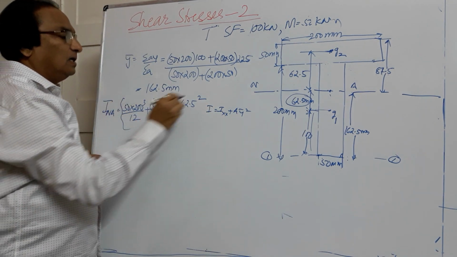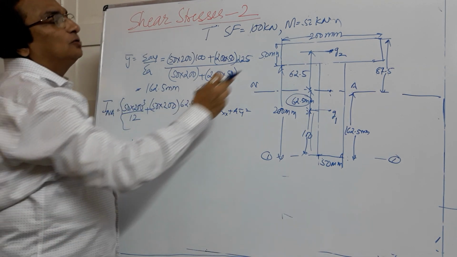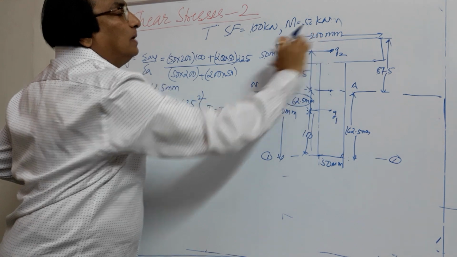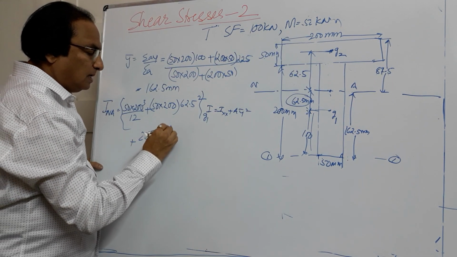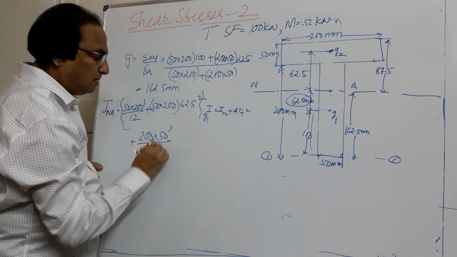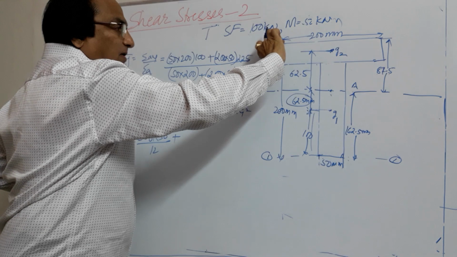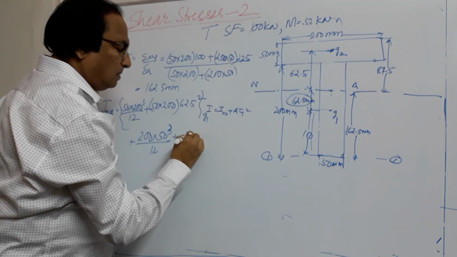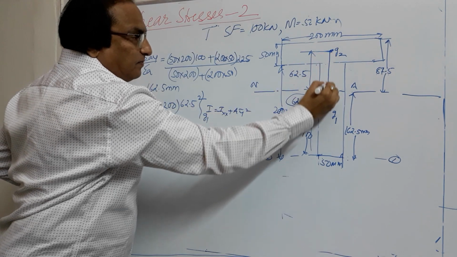This is for G1. Like this, we will go for G2. B d cube by 12. So this will be 200 into 50 cube divided by 12 plus A y bar square. What is area? 200 by 50 into distance of the center of the component from the neutral axis.